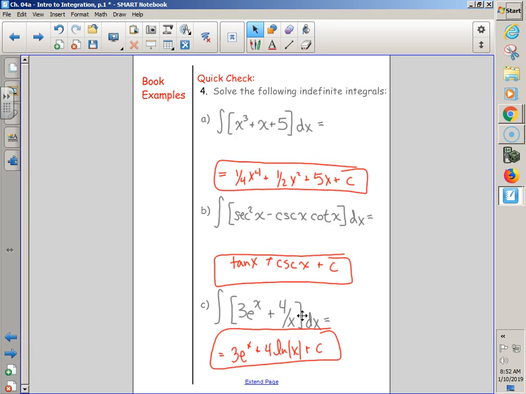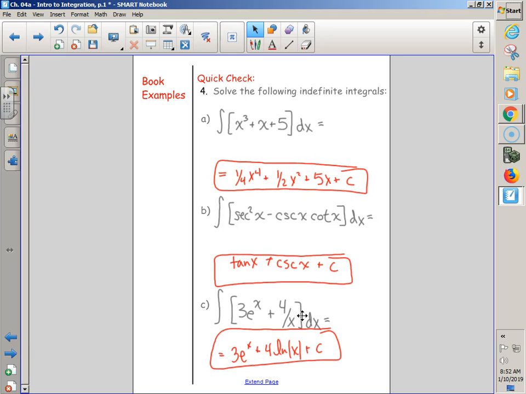If you don't agree with me, take the derivative of mine. Does it match up? Bring down the 4, whoosh, x cubed. Bring down the 2, whoosh, x to the 1. 5. 0. Done. Derivative of tangent, secant squared. Derivative of cosecant, negative cosecant cotangent. Derivative of c, 0. Whoosh, done.